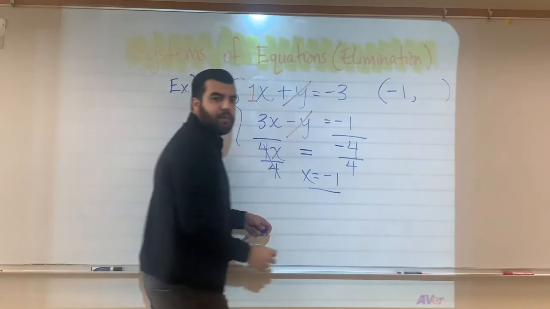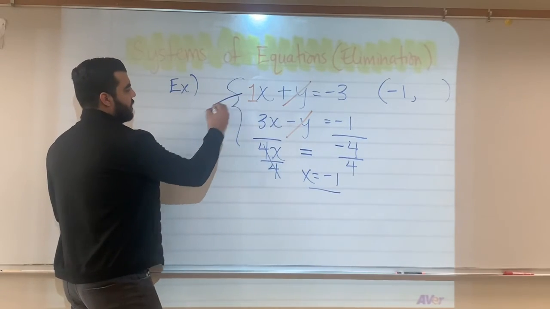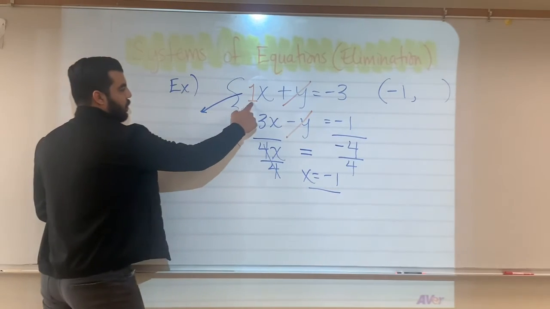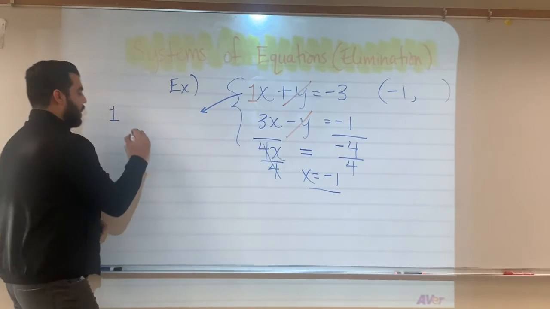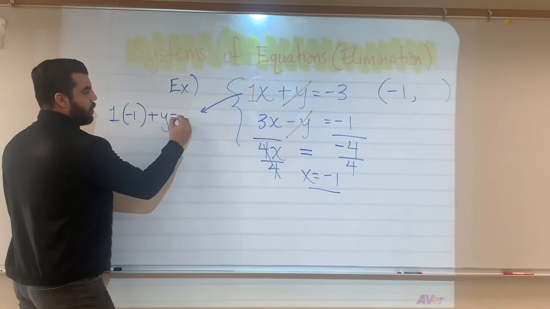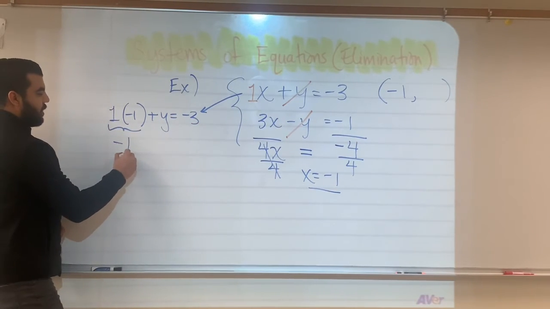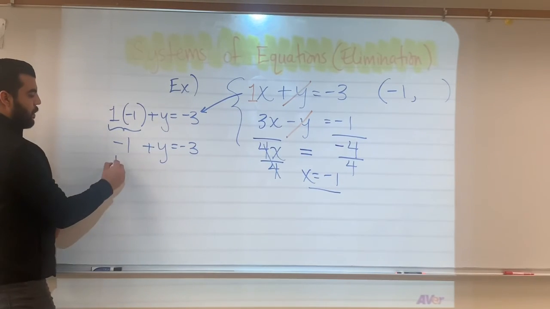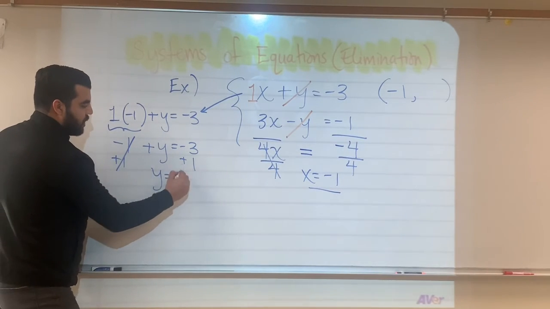Now we have to find out what y equals. So let's pick the easier one. I think this one looks easier to work with. So let's rewrite it. 1 times x, but we know x is equal to -1, plus y equals -3. 1 times -1 is -1, plus y equals -3, plus 1, plus 1, y equals -2.